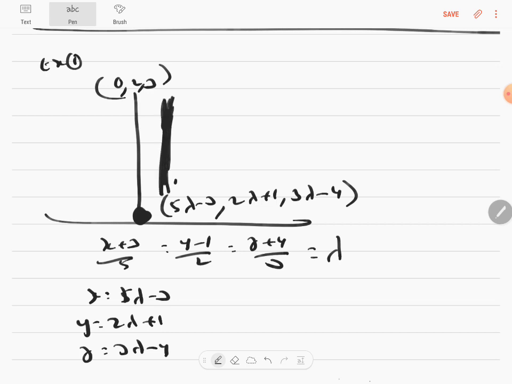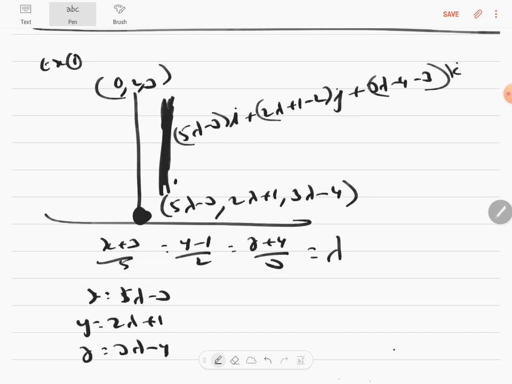So what is this vector? It's x2 minus x1 into i. 5 lambda minus 3 into i minus 0, so it's okay. 2 lambda plus 1 minus 2 into j plus 3 lambda minus 4 minus 3 into k. So this becomes 5 lambda minus 3 into i plus 2 lambda minus 1 into j plus 3 lambda minus 7 into k.